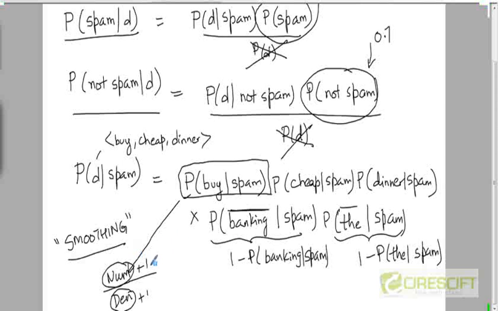Now obviously there are different ways to do this. One is to add a 1 to the numerator and to add another number, so let me just call it alpha, to the denominator, where alpha could be just the number of classes.